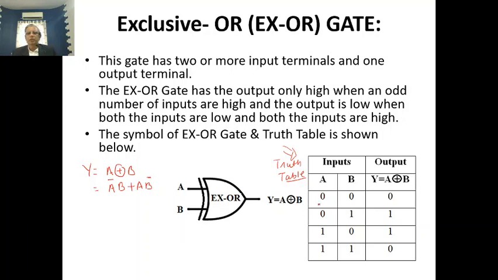Now here for 0, 0, the output is 0. For 0, 1, the output is 1. For 1, 0, the output is 1. And for 1, 1, the output is 0. And the XOR gate is used in comparators, parity generators, and checkers.